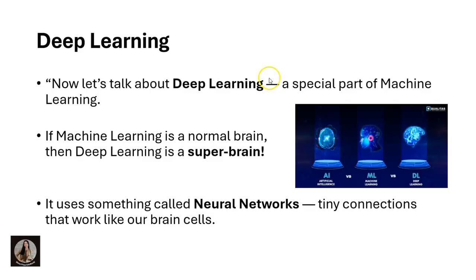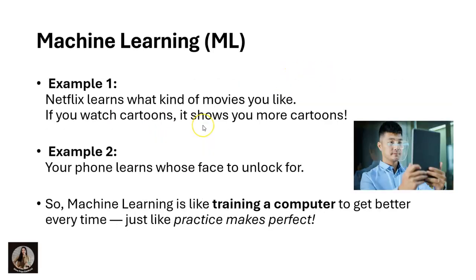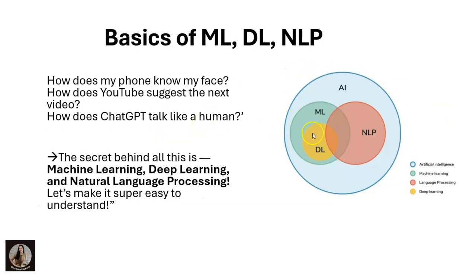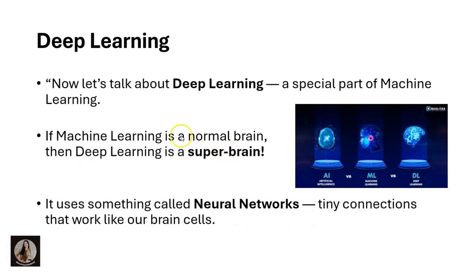Deep learning is a special part of machine learning. If you observe the previous diagram, here deep learning is a special part of machine learning. Clear? Which means machine learning is like a simple, normal brain, but deep learning is a super brain.